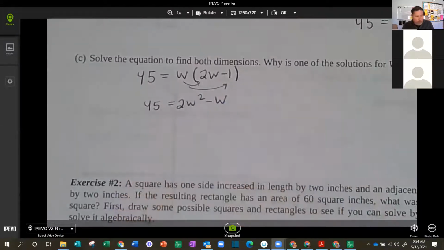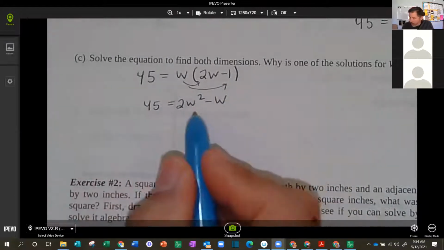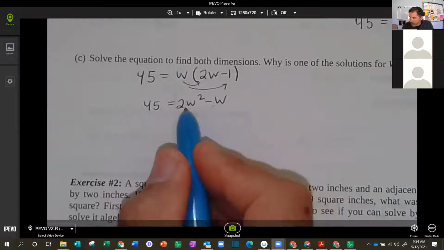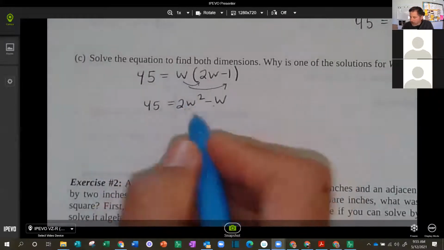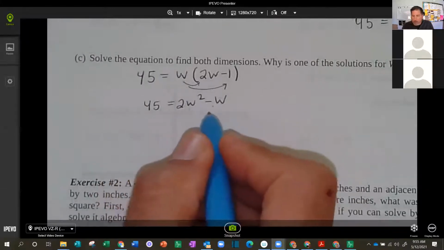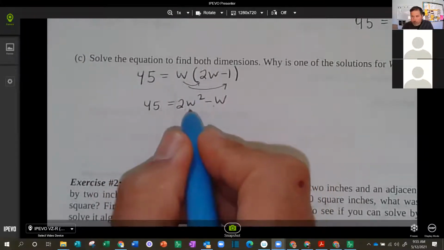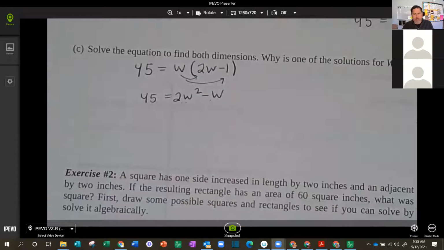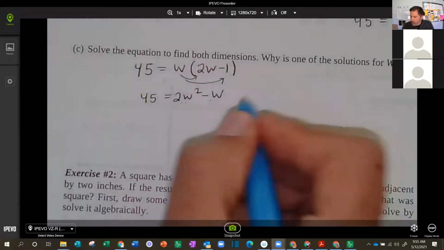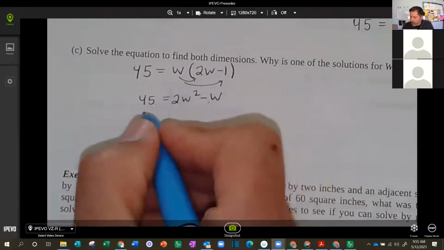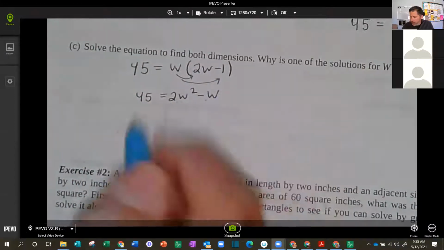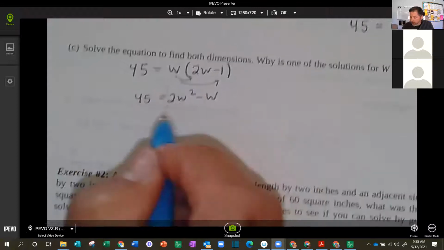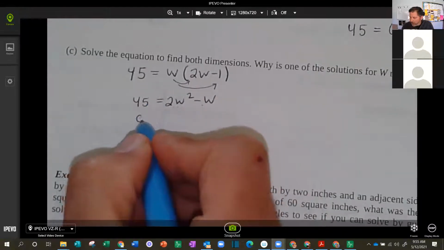Now, at this point, you want to decide what to do next. Do you see how there are two terms with variables and a single number? We're going to set this equal to 0. Sometimes, if it was just 1w, I would just set it equal to a number and then solve for that. But there are 2 terms with w, so we're going to have to treat this as a quadratic, not just because it's squared, but because there are 2 terms that we can't combine. So I'm going to subtract 45 from both sides.